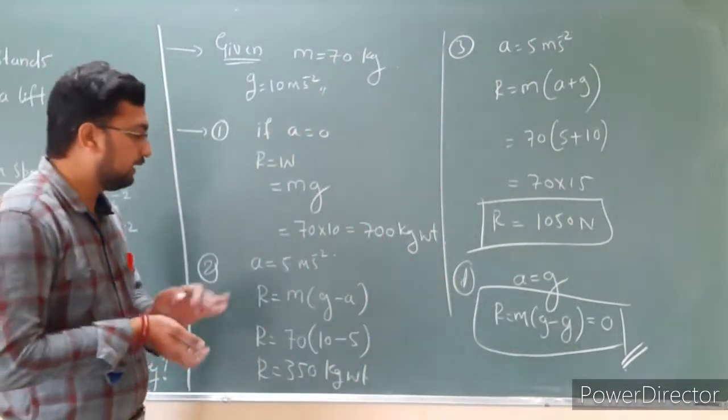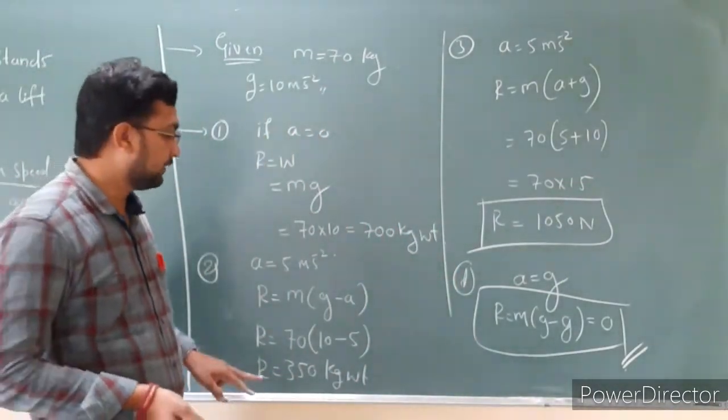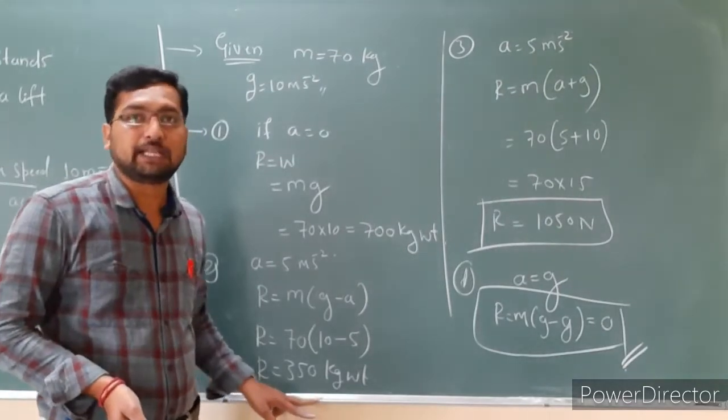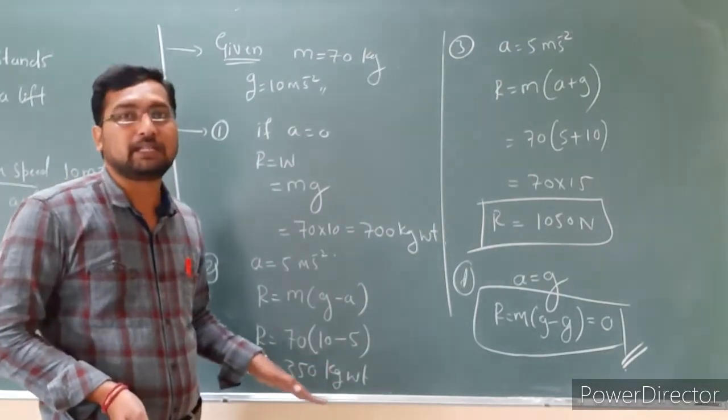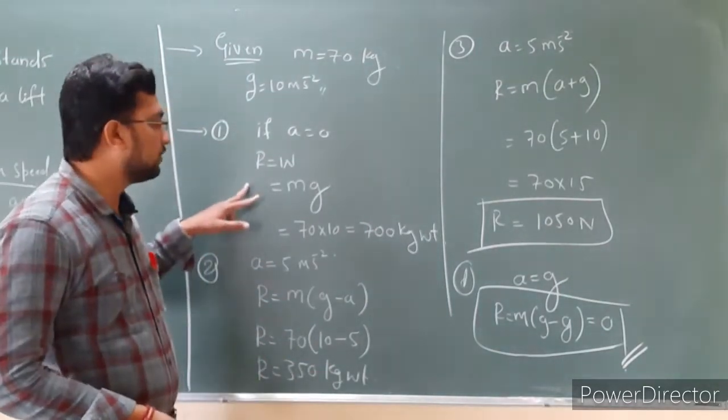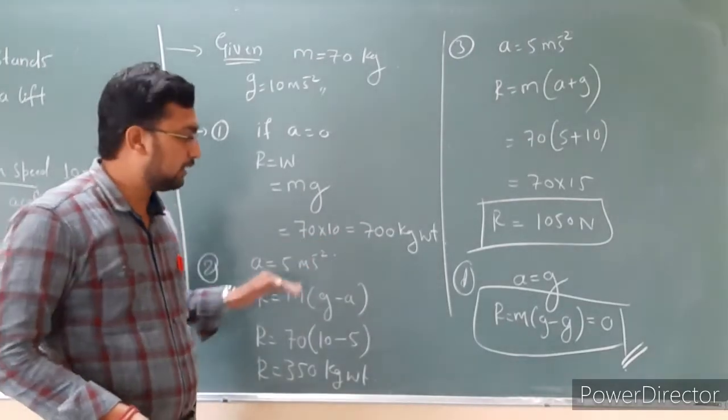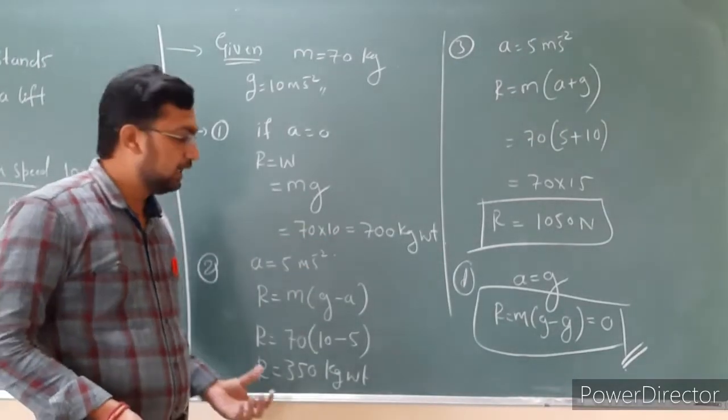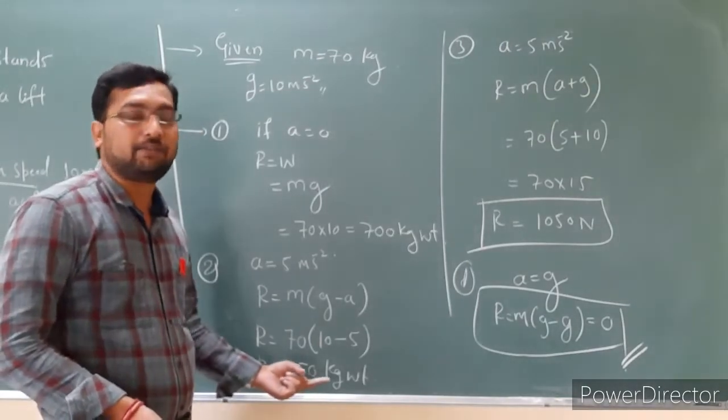See here, when the lift is moving in the downward direction, the apparent weight of the person is 350 kg weight. So here the weight of the person decreases. Actually, the actual weight of the person is 700 kg weight, but when the lift is moving in the downward direction, the apparent weight of that person is 350 kg weight.